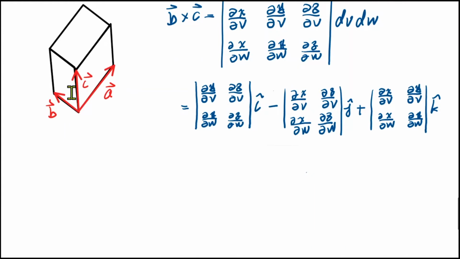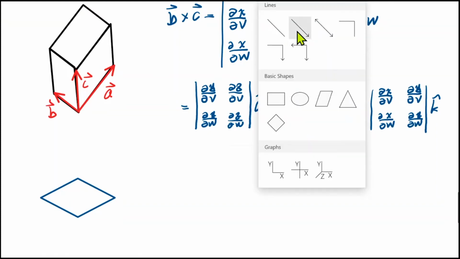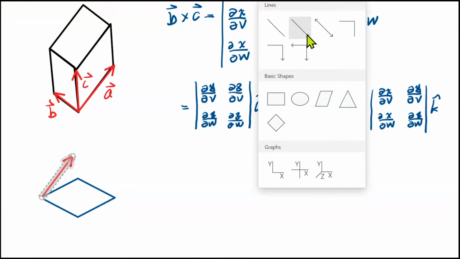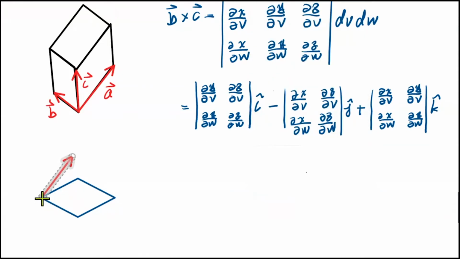Let me flip this thing around so you can see it better. So we have this picture. Say we have a parallelogram, and this thing, let's say vector A, sticks out like this. Say this is vector A, and these guys are still here.